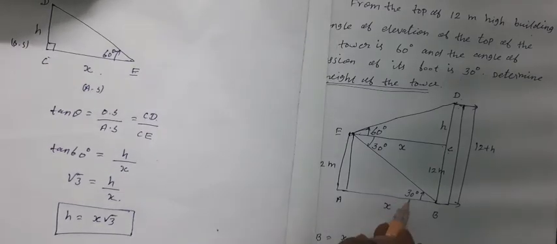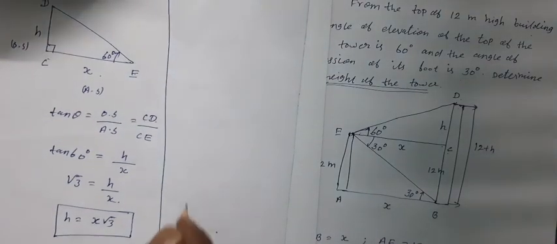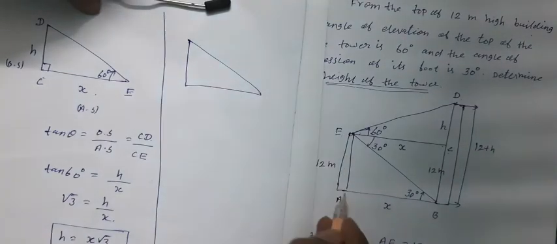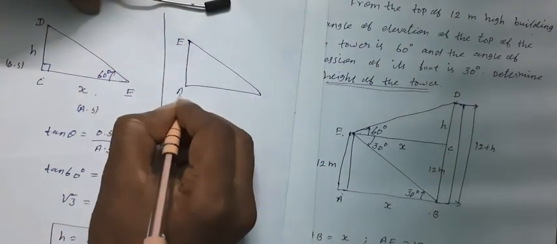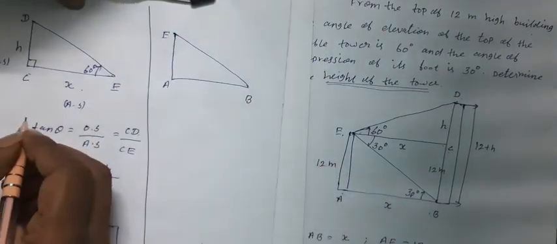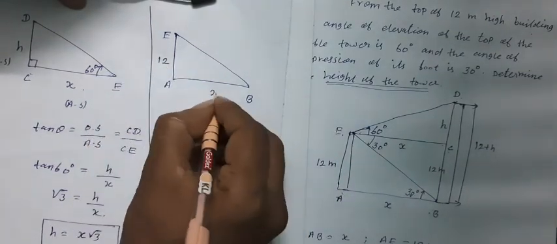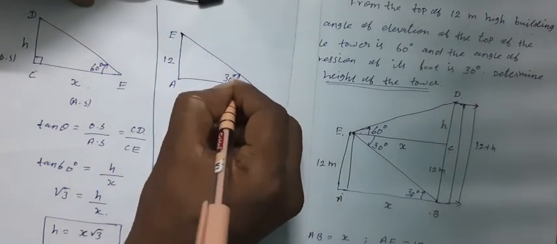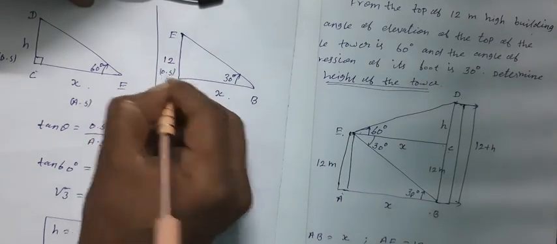Next, I can take the 30 degree angle. So for 30 degrees we take the right angle triangle EAB. Here AE is equal to 12 and AB is equal to x. Here the angle is 30 degrees. So this side is the adjacent side and this side is the opposite side.